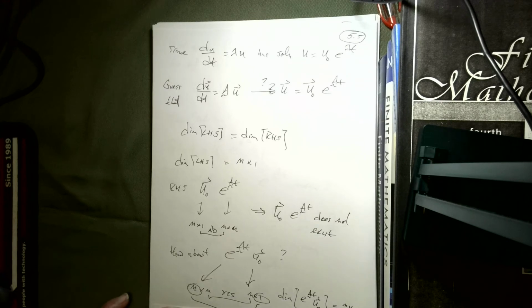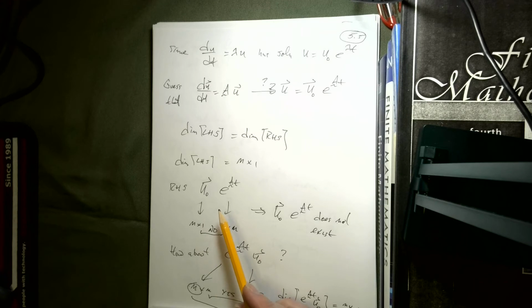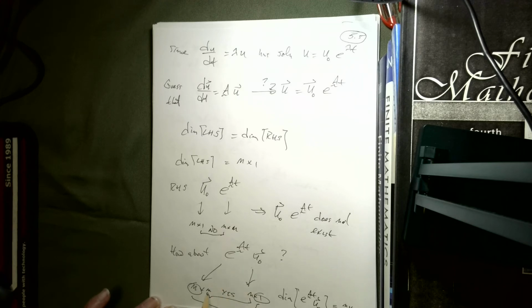So how about we reverse these? Remember, in matrix algebra, multiplication does not commute. So in this situation, I'm not even allowed to multiply these. Let's reverse that. Let's put the e to the At first and then the initial condition. Does that work? Well, let's see. This is an n by n.